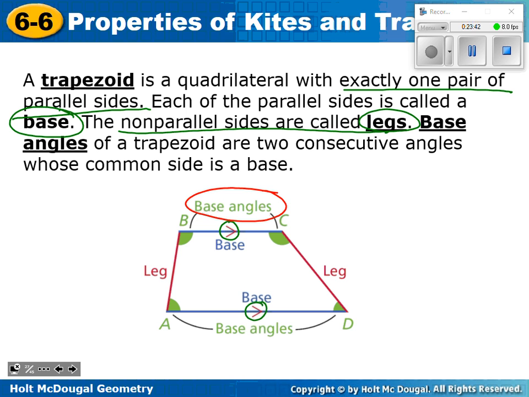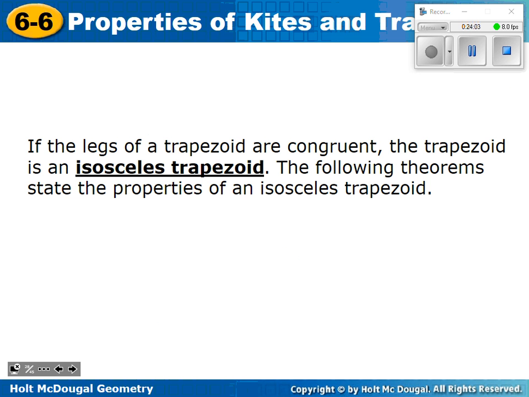So when we talk about the base angles, they're the two consecutive angles that have a common side as a base. Does that make sense? So C and D are not considered base angles together. Base angles have to be a pair, and they're the angles that share the same base. So B and C, and then A and D. Because that's going to lead us to some properties about them in a minute.